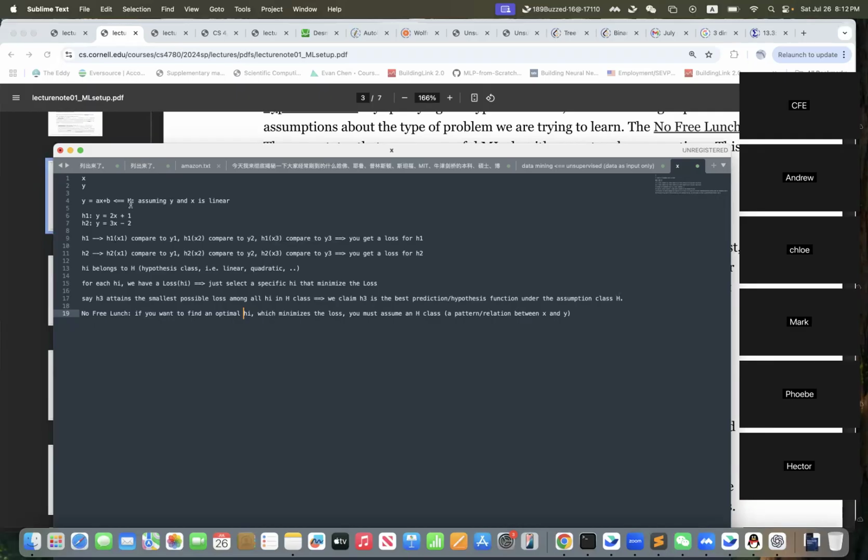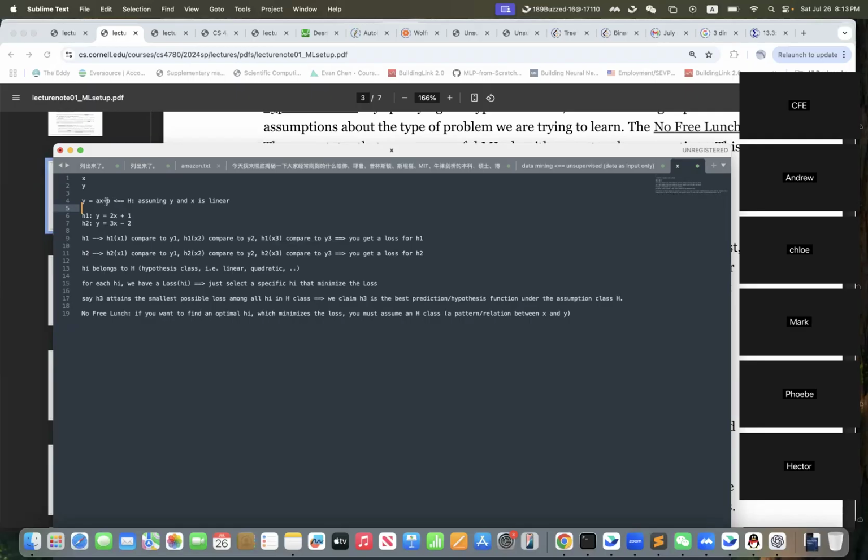But if we make an assumption that it is linear, then you can write it so that all the small h take this format, right? Even though we still have an infinite number of small h taking this format, as long as this format is set, we have some mathematical tools to find what is optimal for coefficient A and what is optimal for coefficient B. How do we determine if it is optimal?